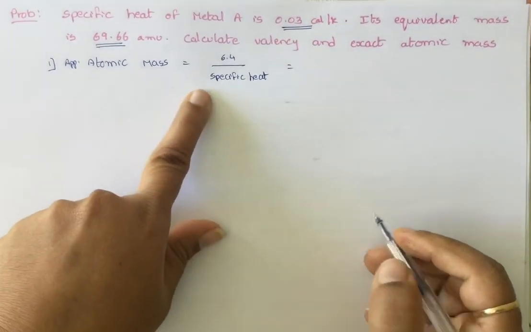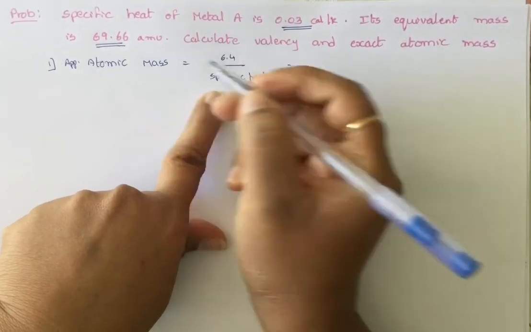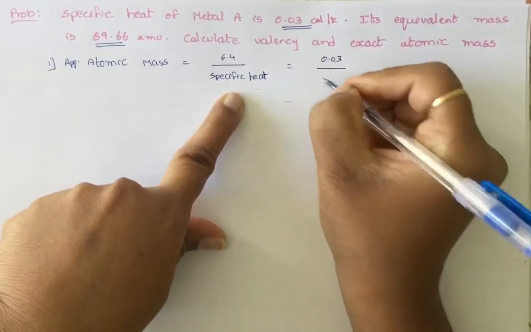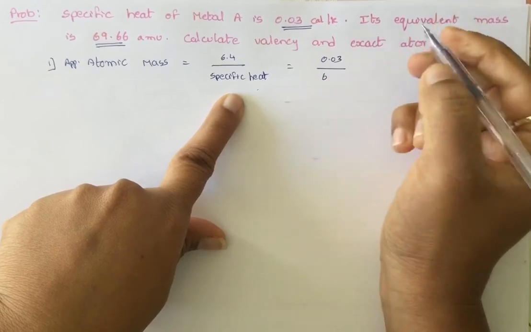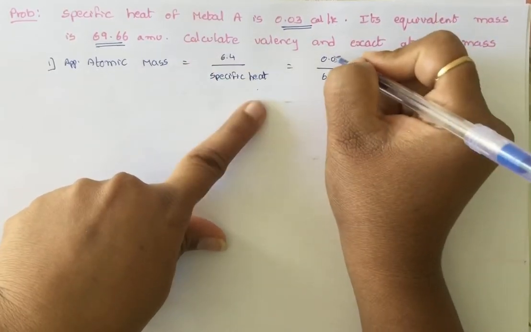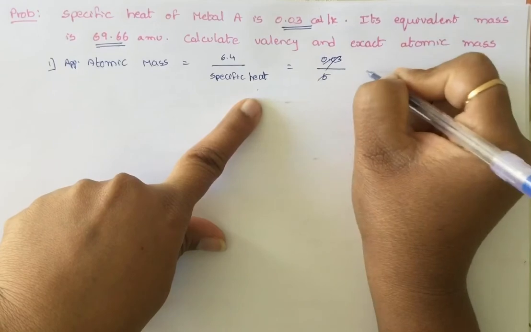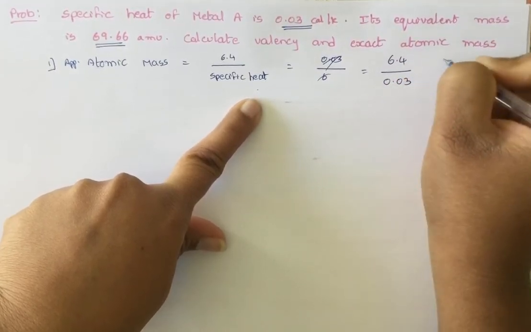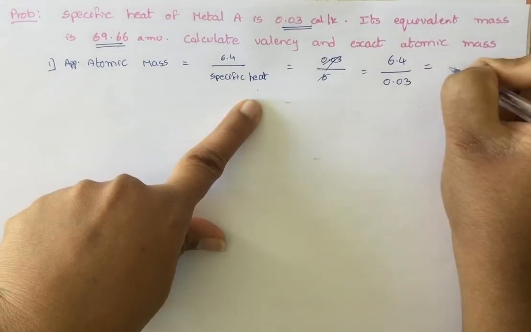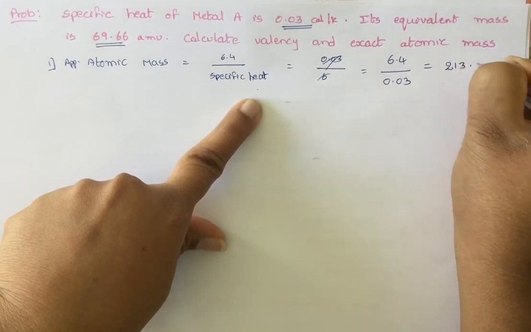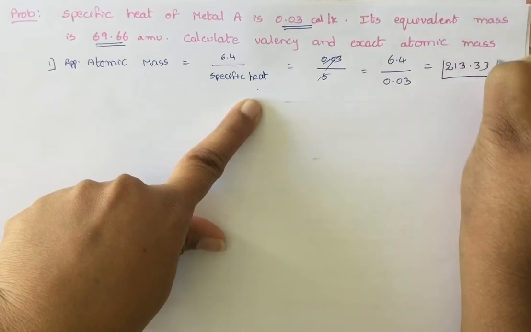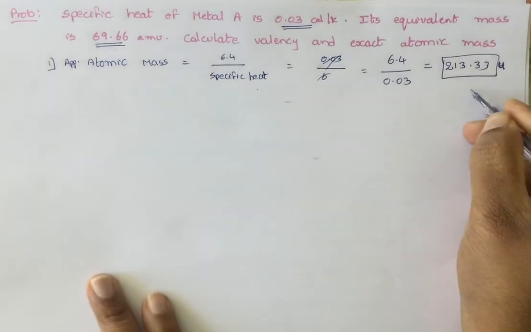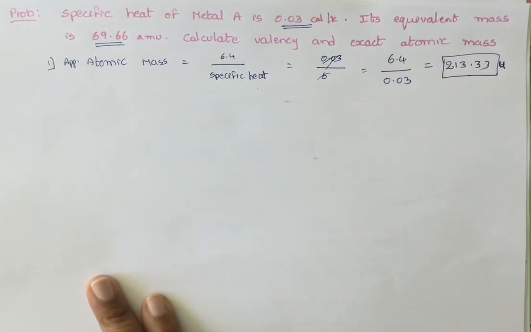So if I substitute the specific heat, 6.4 divided by 0.03, the value that I am going to get is 213.33 U. This is the approximate atomic mass I got already.